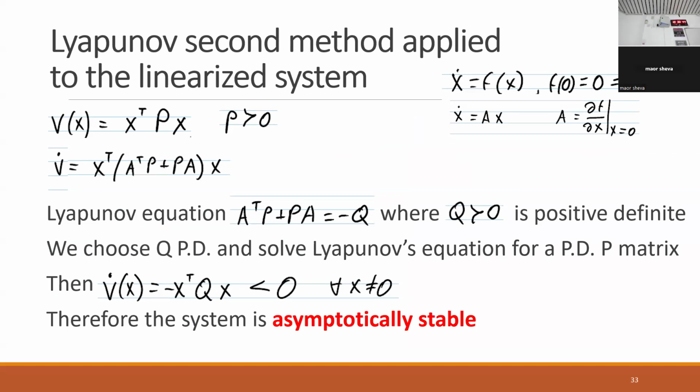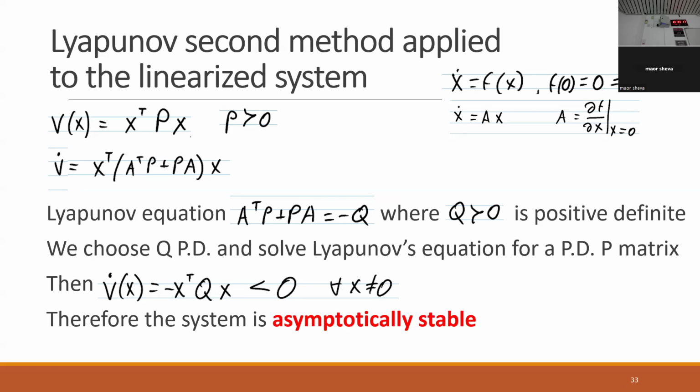So we have this V dot. And now we want to say something about the term here, A transpose P plus PA. So if we can find a matrix Q such that A transpose P plus PA equals minus Q, and Q is positive definite.